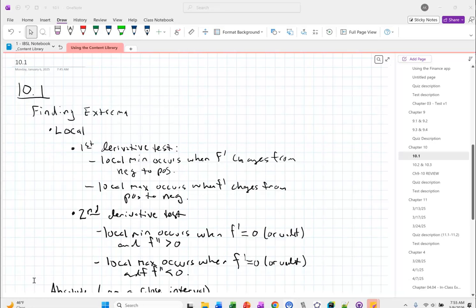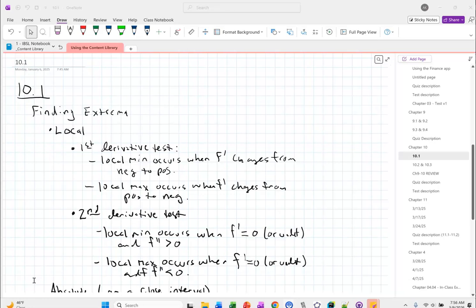There are two techniques we can use to find a local maximum or minimum. We have what's called a first derivative test and a second derivative test. For the first derivative test, we look for where the first derivative changes from positive to negative or negative to positive.